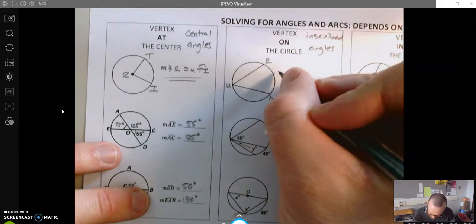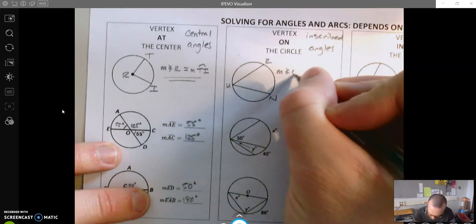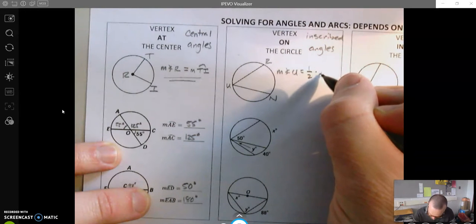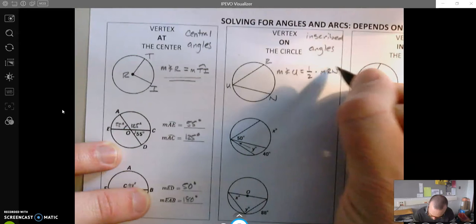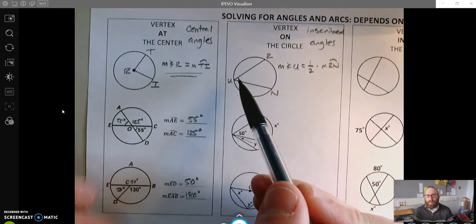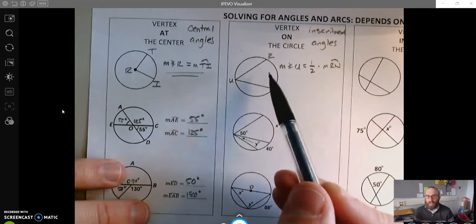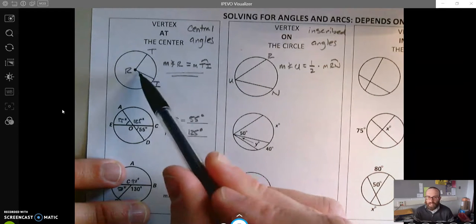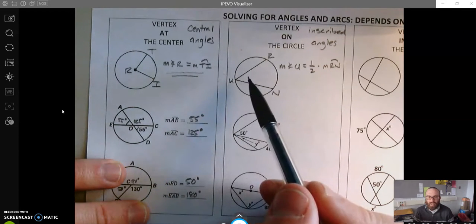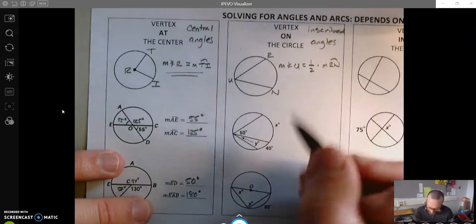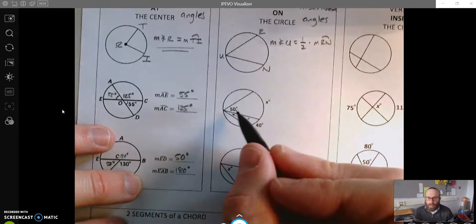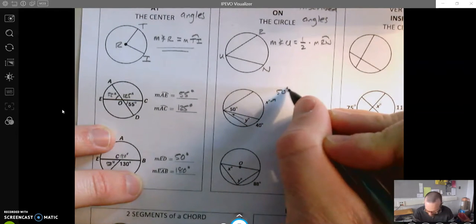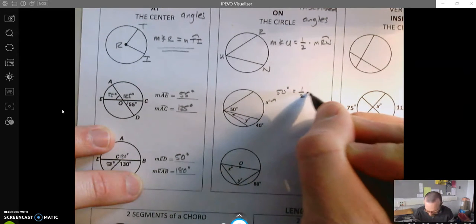The idea with inscribed angles is, as we drag this vertex across, I want you to see that those two segments are going to get dragged as well, and that angle is going to get smaller. We're going to see that the measure of angle U is equal to 1/2 of the measure of arc RN. Anytime we have an inscribed angle, it's going to be half of the arc. So when it was a central angle, it was the same as the arc. When it's inscribed, it's going to be half of the arc. When we jump down here, for x, the angle is half the arc.